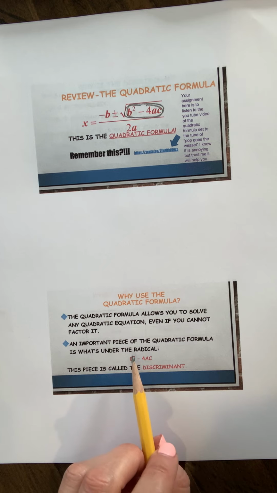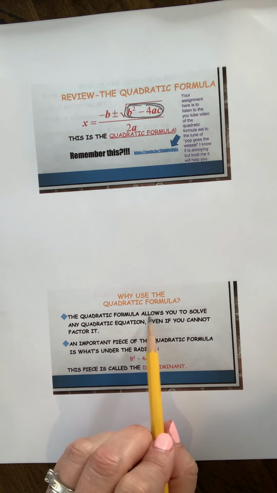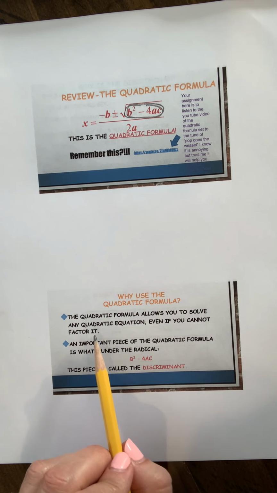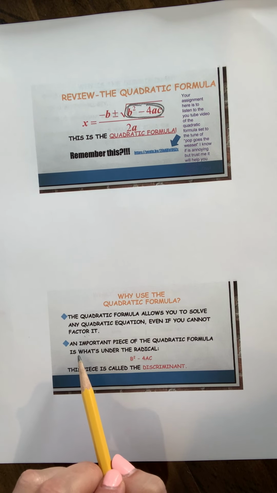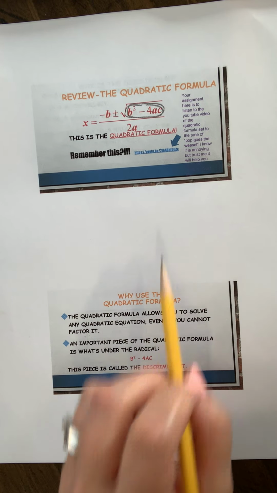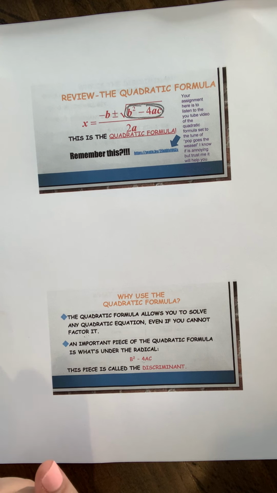So this actually said, why use the quadratic formula? The quadratic formula allows you to solve any quadratic equation. Even if you cannot factor it or graph it, you can always fall back on the quadratic formula. An important piece of the quadratic formula is underneath the radical, this, b squared minus 4ac. This is called the discriminant.